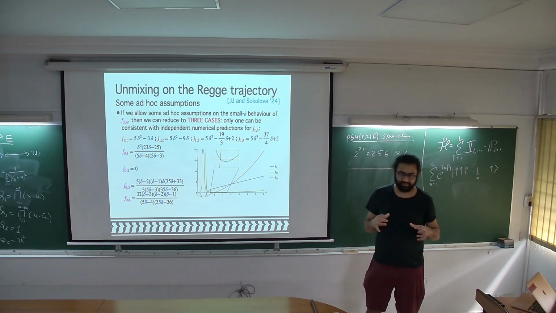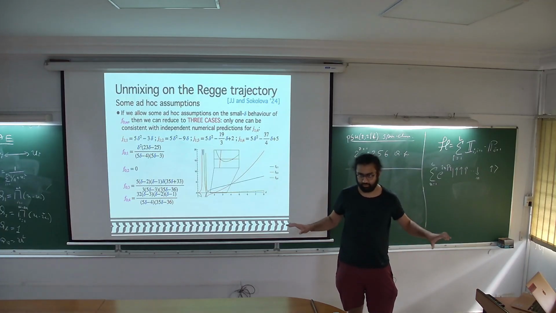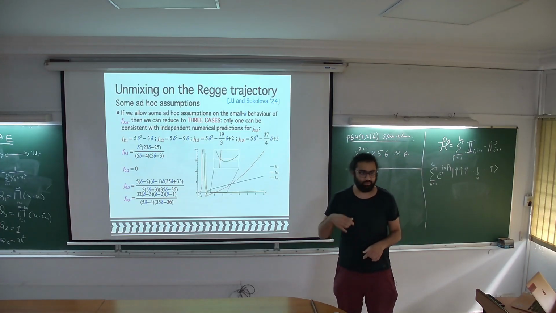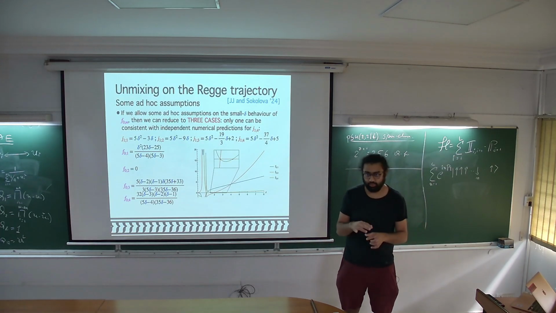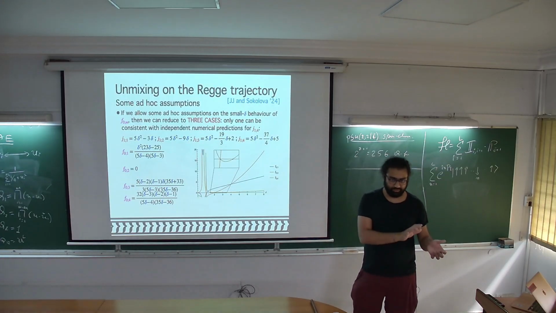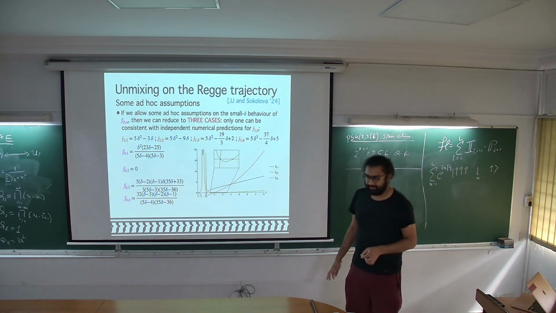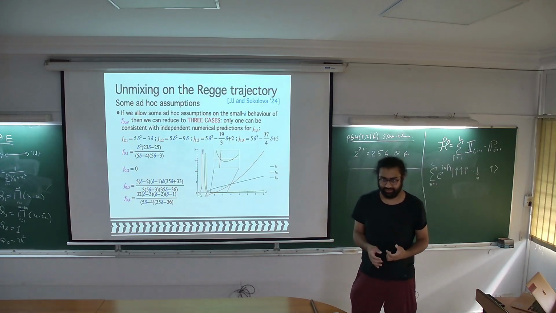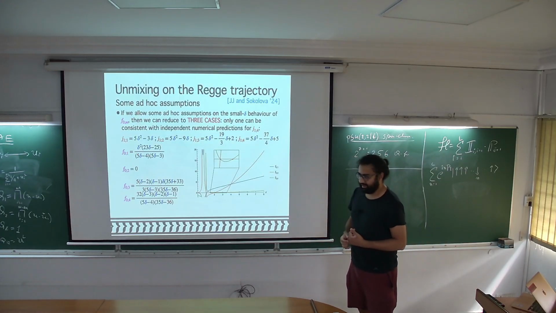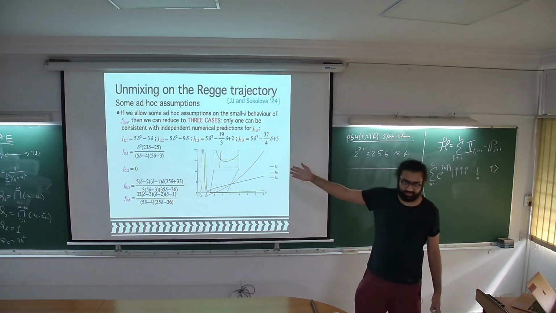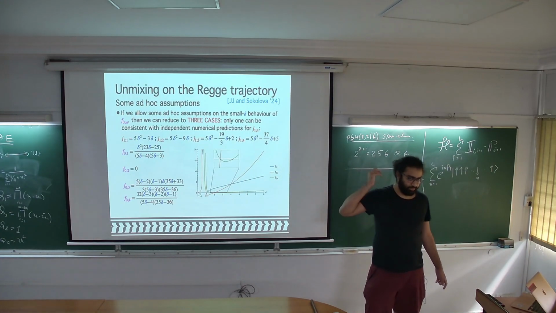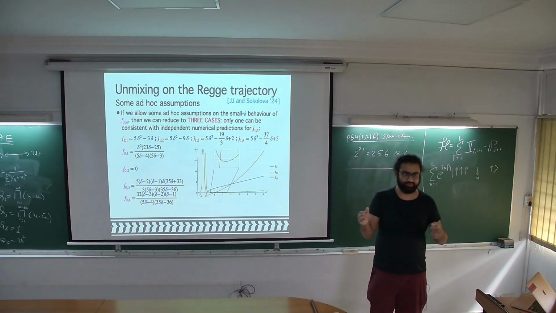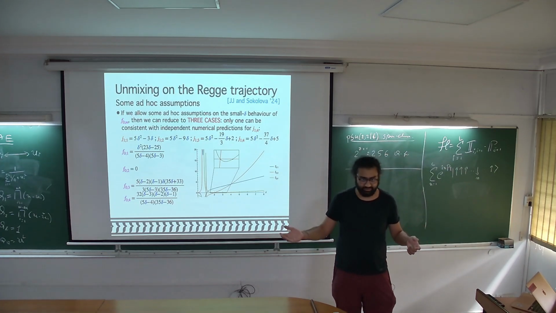In the 7 cases that we had, there were a lot of free parameters. Now we have no more free parameters after doing this. Out of the 3 cases that we have, 2 cases are immediately ruled out by matching with numerics. The third case is not ruled out, but I wouldn't say that it is ruled in. The reason is that, as you would have seen from one of the tables a few slides ago, the number of digits of matching that we get when we compute these J1s is usually 6 or 8 digits.